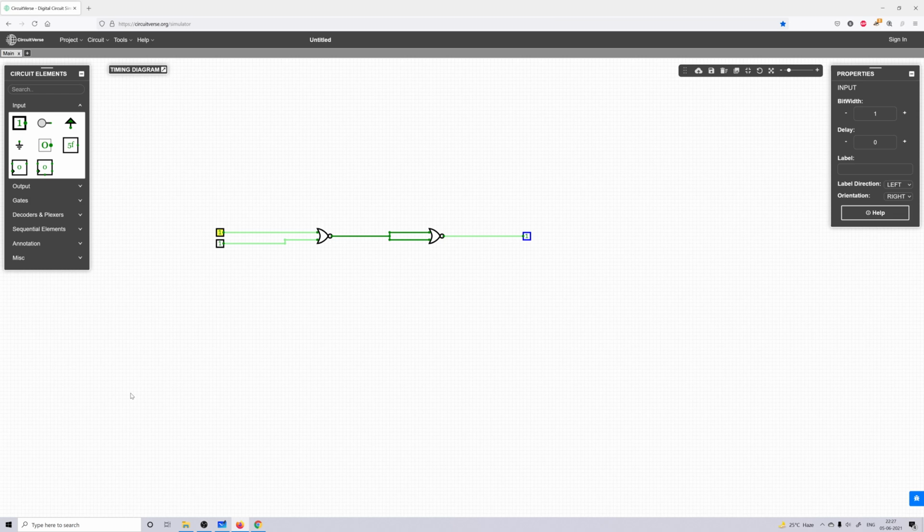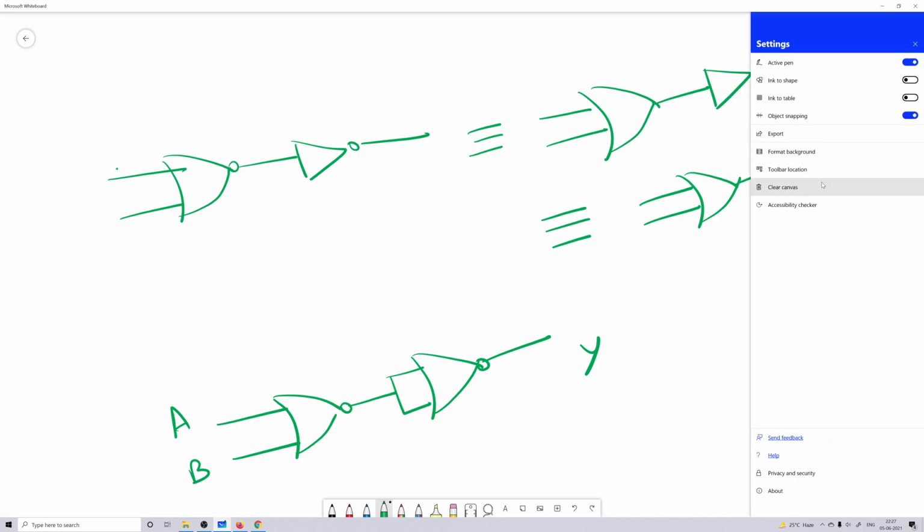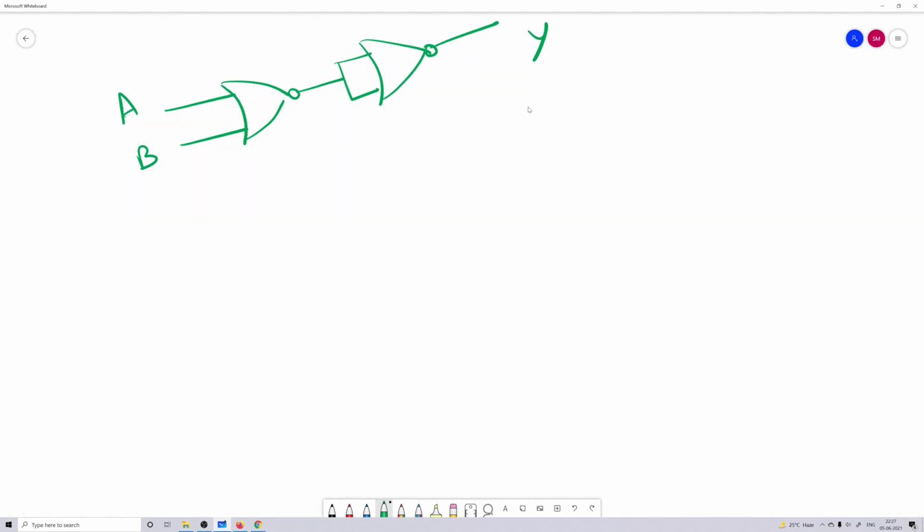The next gate we would like to do is the AND gate. And to implement the AND gate, we would require De Morgan's law. So let us try the AND gate. This is an AND gate.